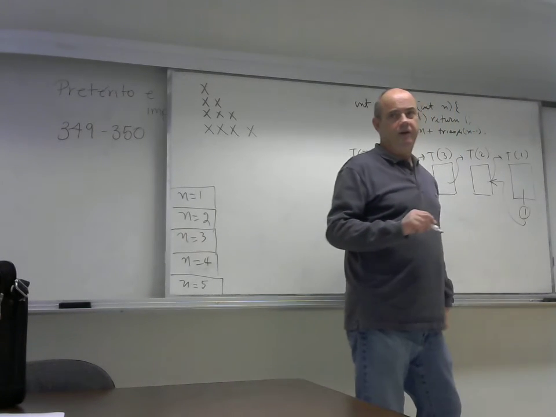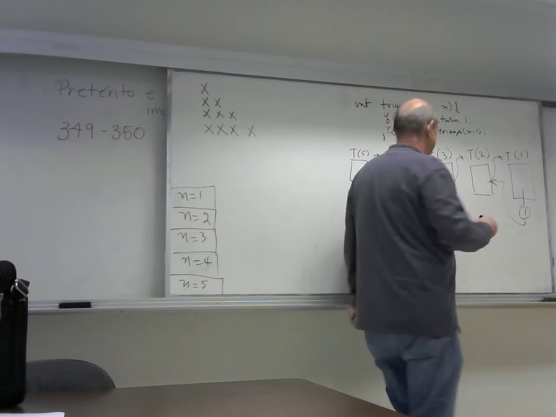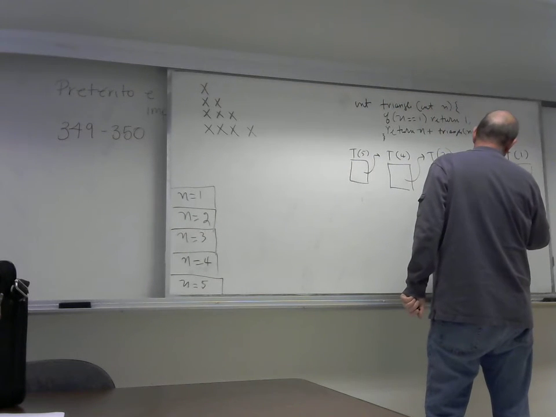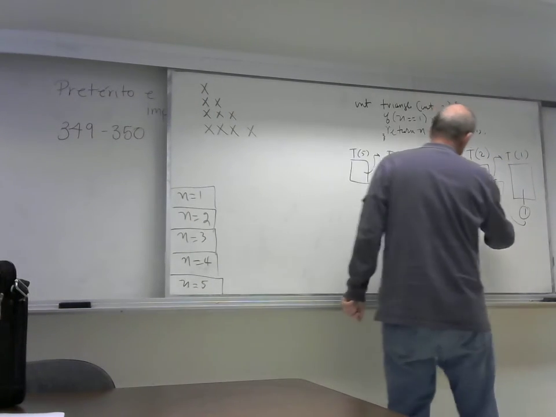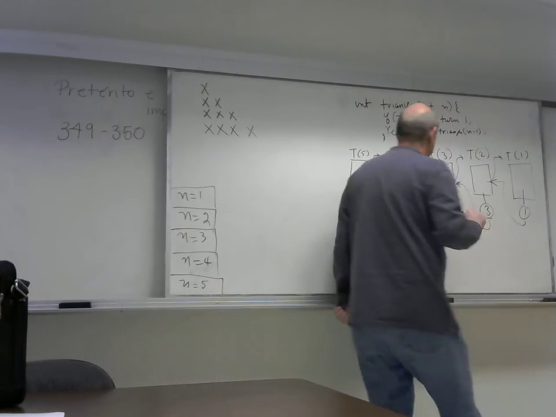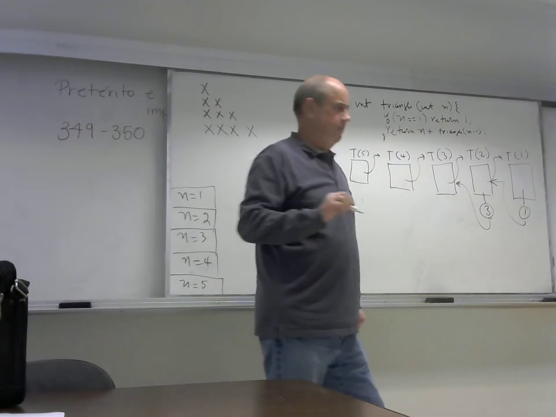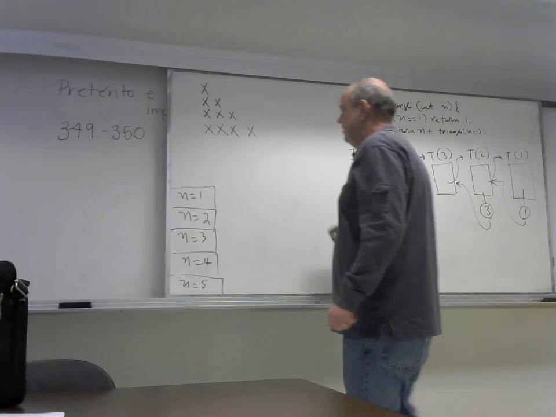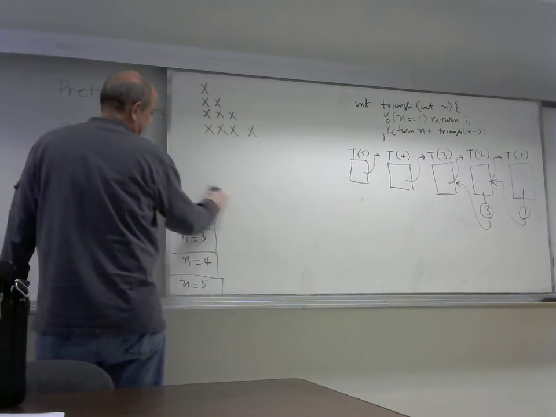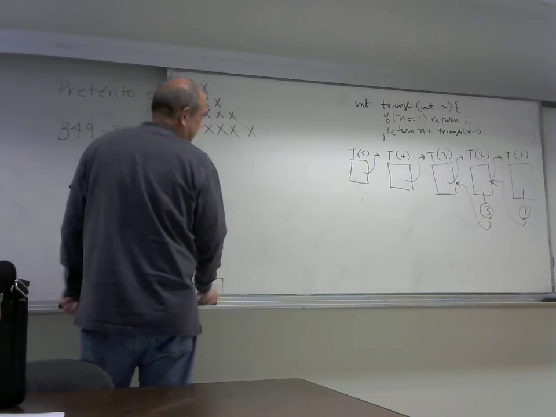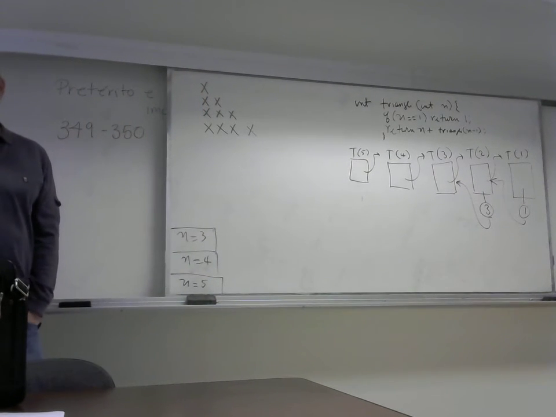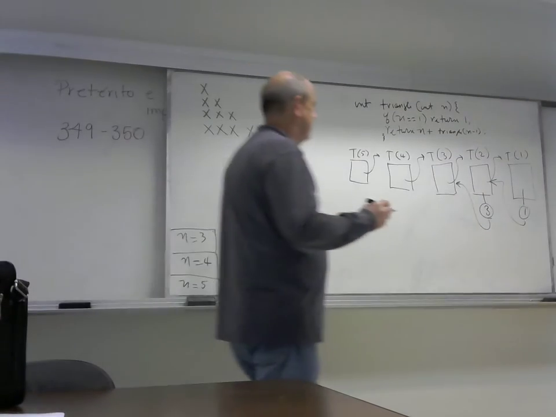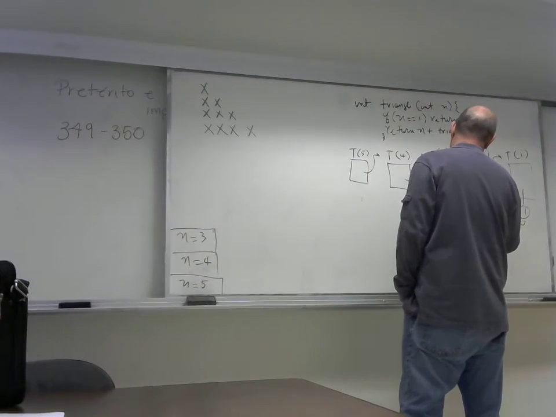So what does that return? 3, yes. n is 2 here, plus triangle of 1, that's 3. So we return and we're back here. All right, what's n? Because understand, as we finish, we pop. We finish, we pop. n is 3, it's the top of the stack, plus triangle of 2. Triangle of 2 is 3. So we return 6.